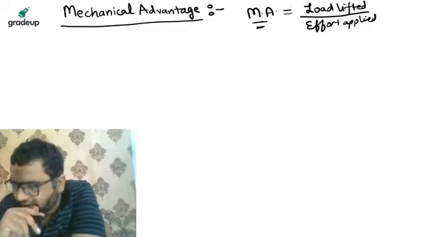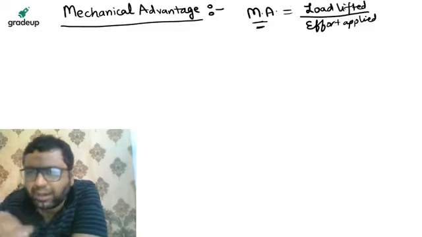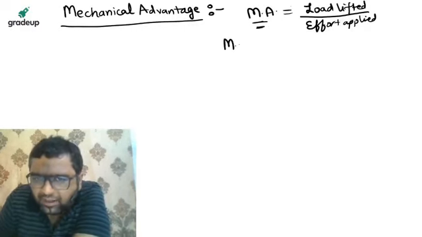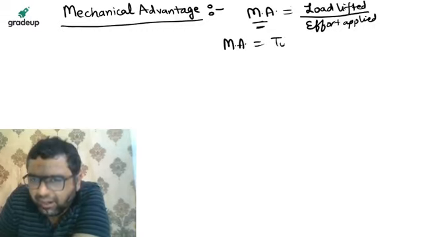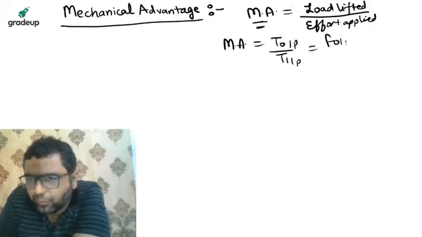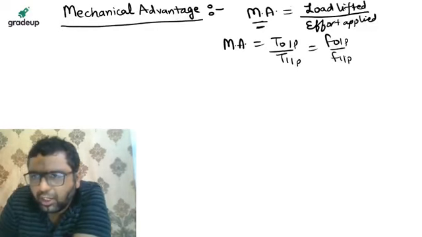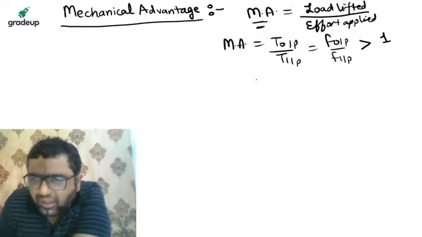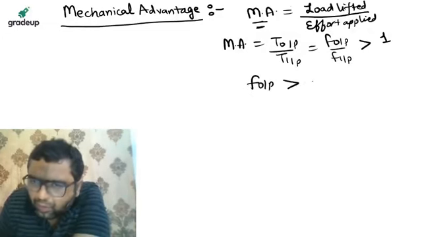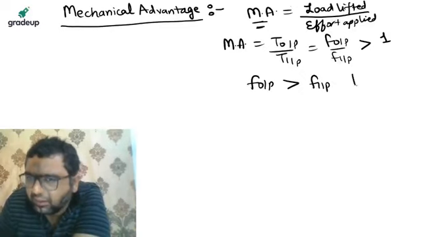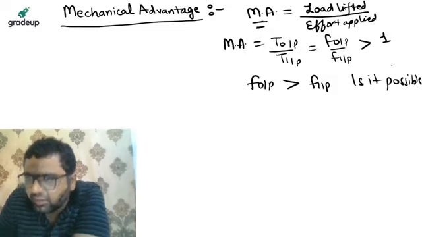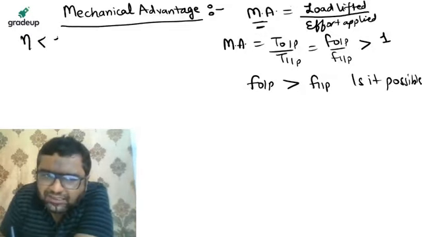Second thing I would like to tell you: mechanical advantage in case of mechanism is given by torque output by torque input or force output by force input. And obviously mechanical advantage is defined always more than one. So my question to you is, can output force be more than input force? Is it possible? Because you know that efficiency is always less than 1.